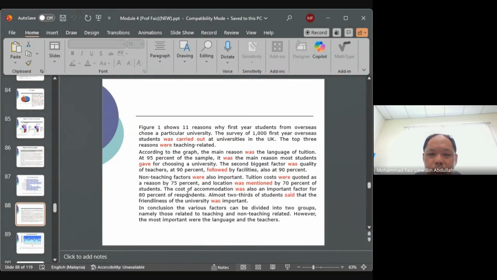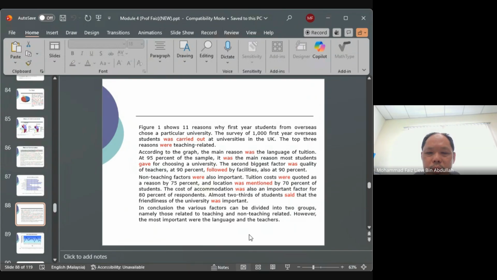Here it says non-teaching factors are also important. For example, the tuition cost is a reason why only 75% of people choose overseas. And then the location also dropped to 70%. And then two thirds of the students say that the friendliness is also important.